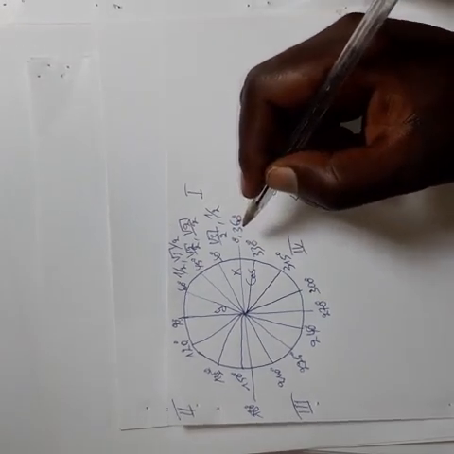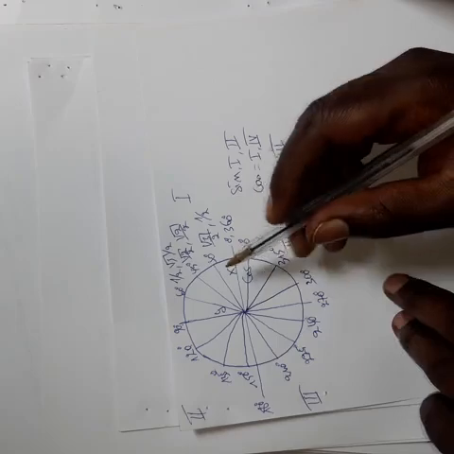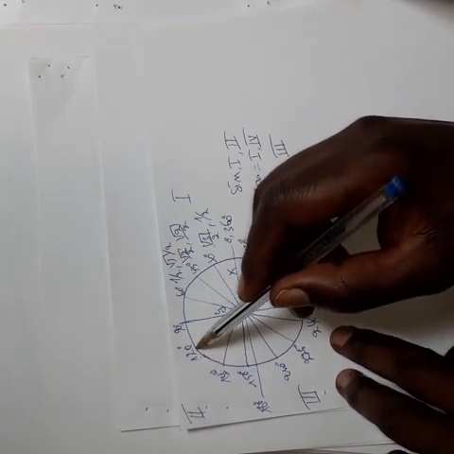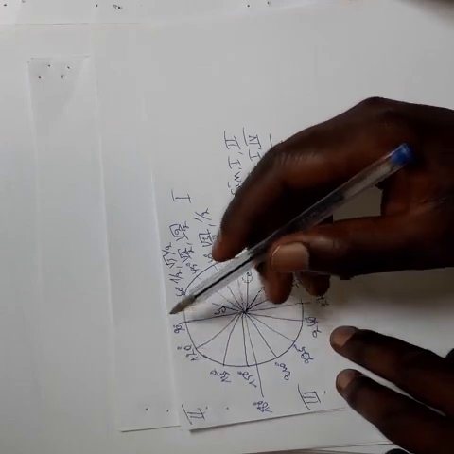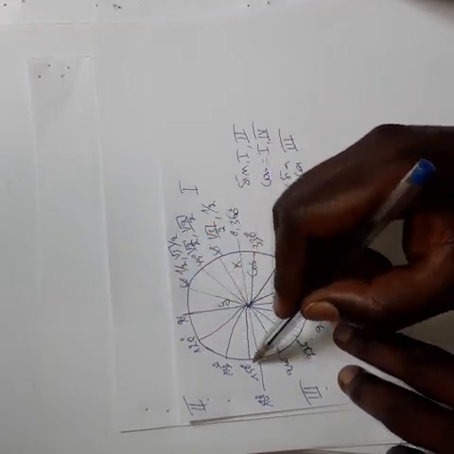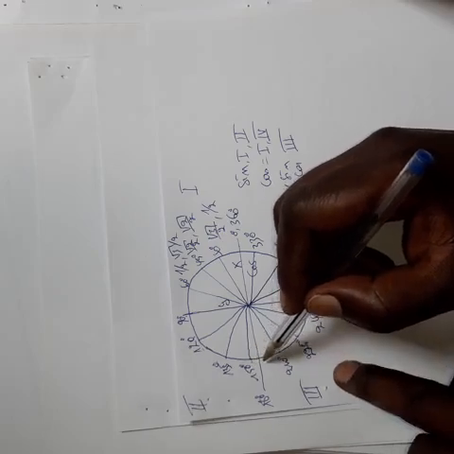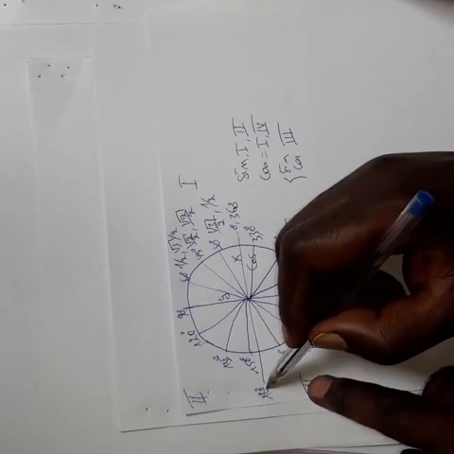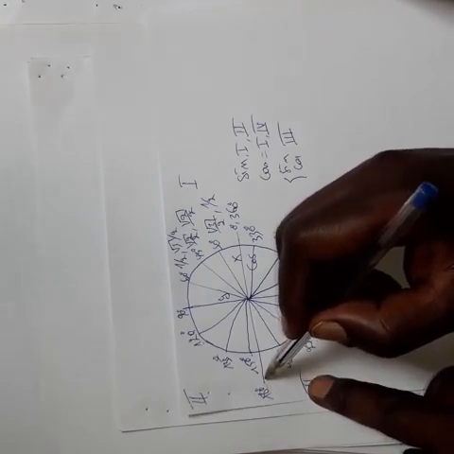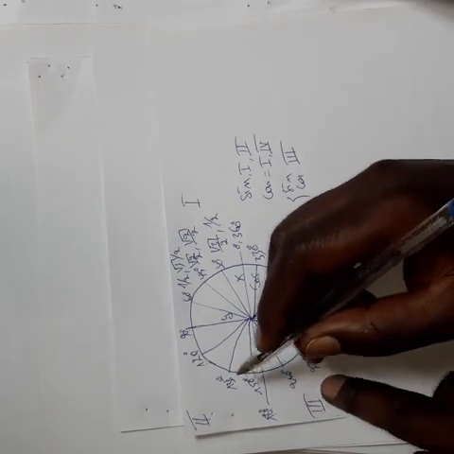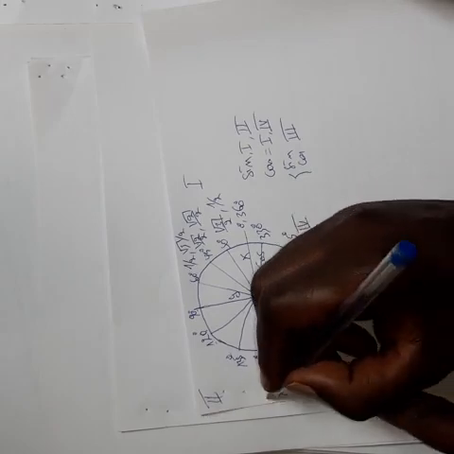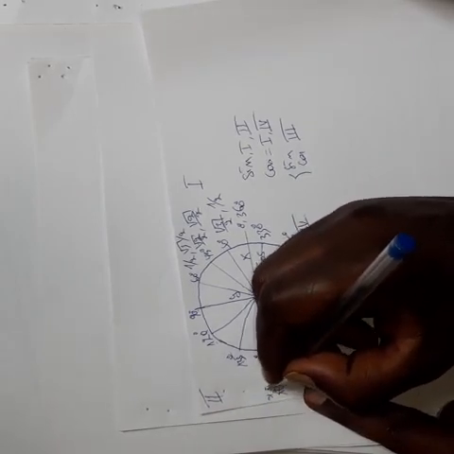Okay, then at 180 we have cosine which is equal to 1, but it is on the negative side. Okay, so we have negative 1 and 0.